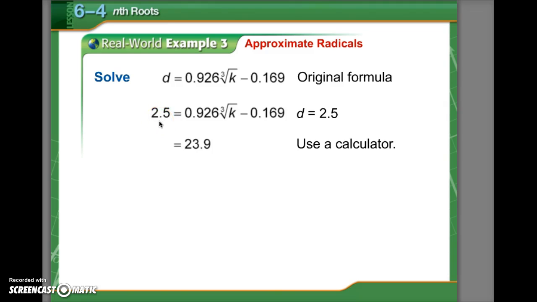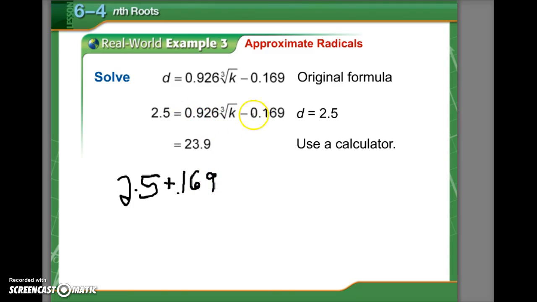The first thing that we're going to do, they don't show any of the steps here. You could just do this on your calculator. Well, you can't really do it on your calculator. There's some steps you've got to do. But just following the algebra, the first thing you're going to do is add 0.169 to each side. So we'd have 2.5 plus 0.169.